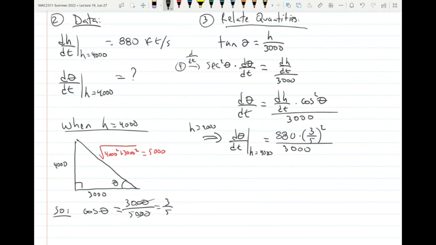All right, so solve this. Let's see, I'm going to get rid of 1 zero. So that's going to be 88 times 9 over 300 times 25. I can simplify more stuff here. Okay, so I can divide this by 3 and get 100. And here I have a 3.